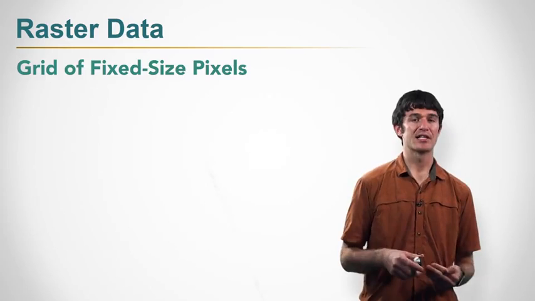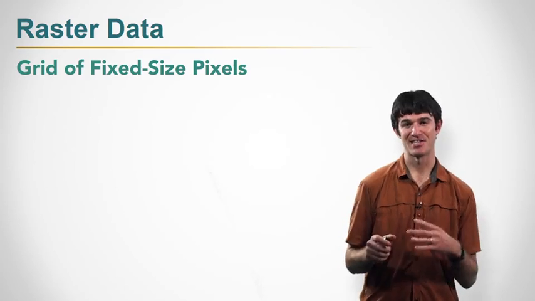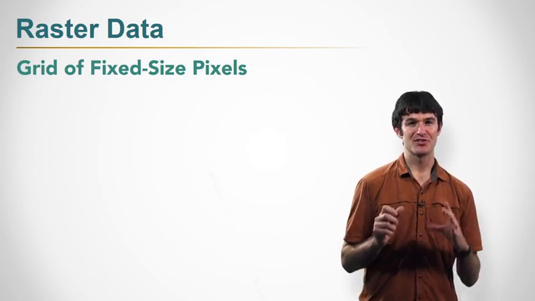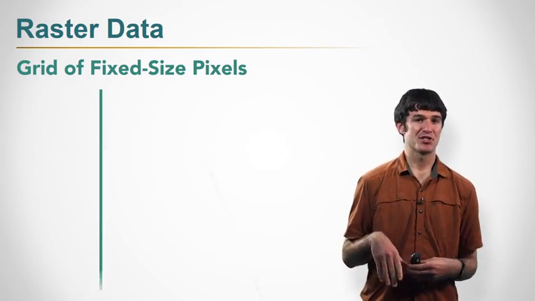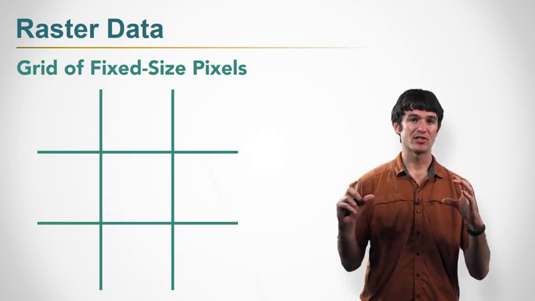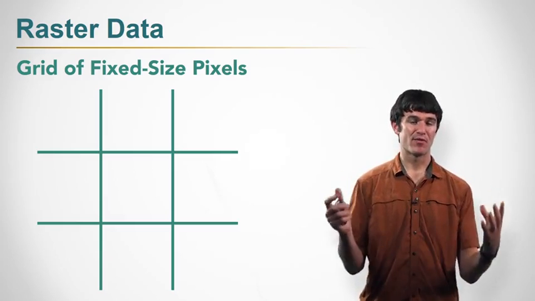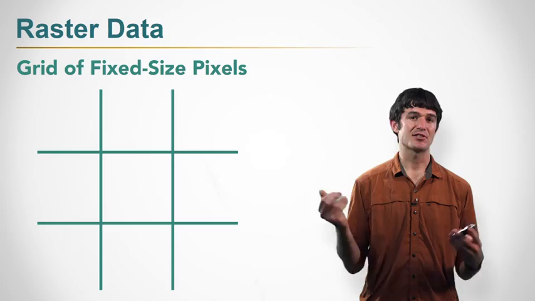Raster data is composed of a regular grid of pixels with fixed cell size. So let's deconstruct that a little bit. If you want to think of a regular grid, just draw a tic-tac-toe box for yourself. And if all the squares are of equal size, you have a raster there. And then if you write different numbers in them, that's how rasters get their values.